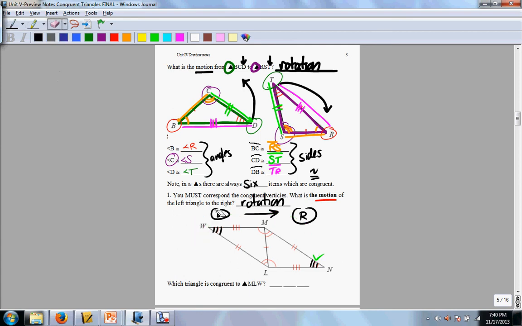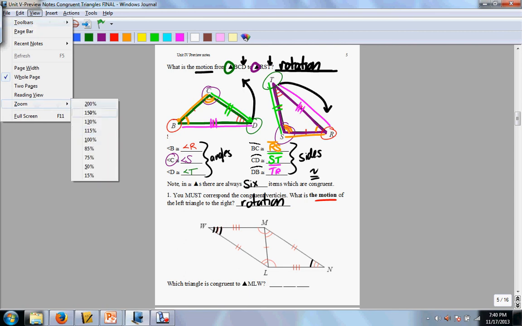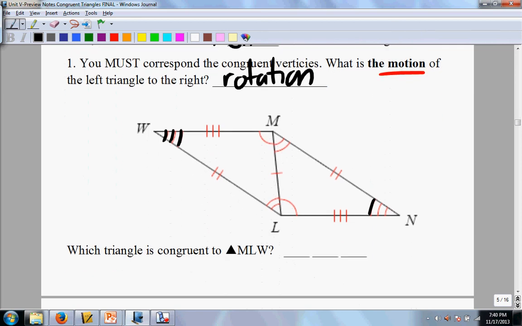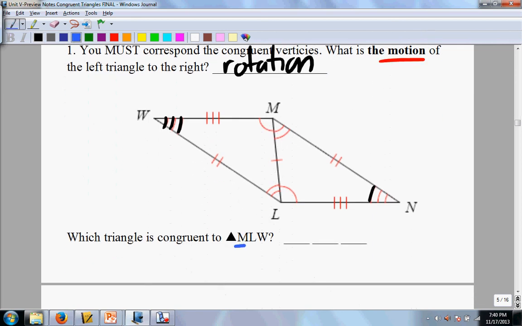Now you must also, after naming the motion, carefully align the vertices. So watch very carefully, because you're going to have to do this in just a moment. We see here that we're going to start with M, L, W. So we go M, L, W. And M is a single sweep here. L is double sweep. And then W is triple sweep. And we want to go that exact same order.